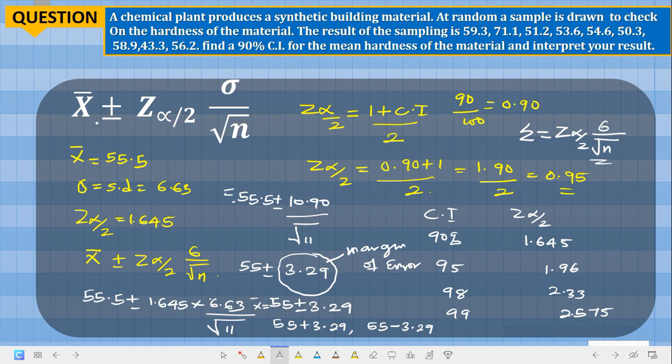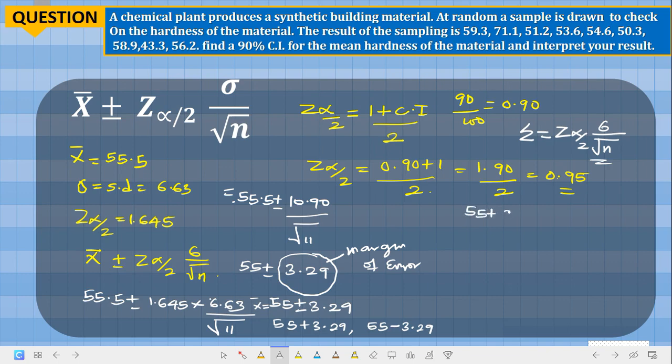Let me quickly do that. 55 plus 3.29 will give us the upper value, which is 58.79, and 55 minus 3.29 is going to give us 52.21. Now the question says interpret your result.